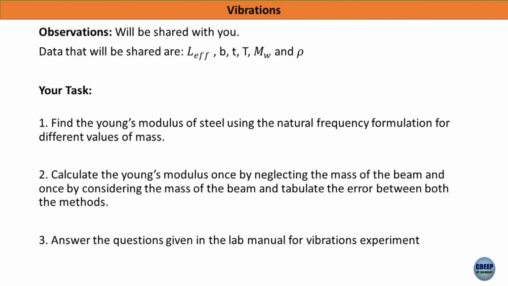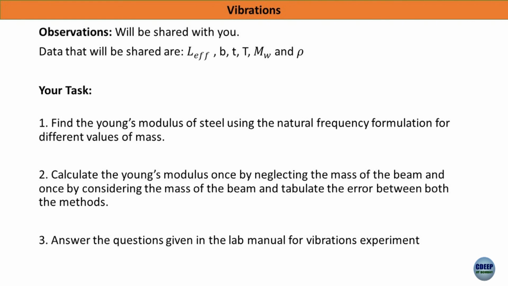So, once you have all the time parameters, density of the scale, as well as the length parameters, you can use all these parameters in the formulations that were discussed in the previous slides, and you can find the Young's modulus and tabulate it for different values of weights and for different trials.